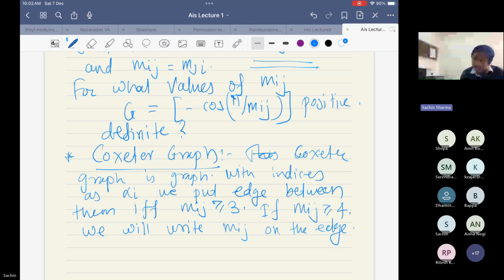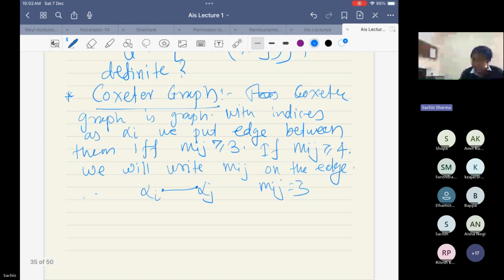So suppose you have alpha i and alpha j, and if Mij is equal to 3, then we will simply have one edge. We will not write anything if Mij is 3. Or if Mij is greater than 4, you would always write it as Mij. This is the terminology. Okay, yeah.